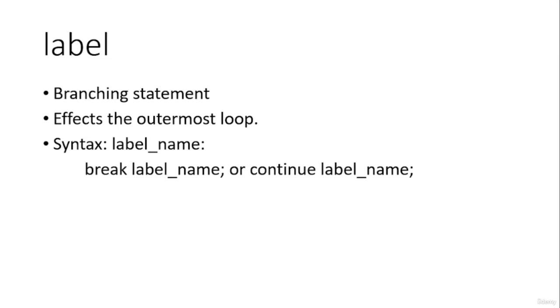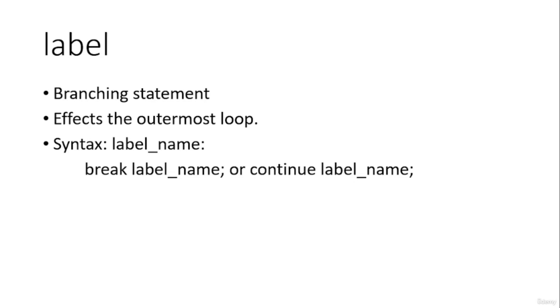If we have a label statement, we can go to the particular label by using either continue followed by the label name, or break followed by the label name. By that we can go to the particular label, and it will affect the outermost loop. We will see it in the program so that we fully understand this part.